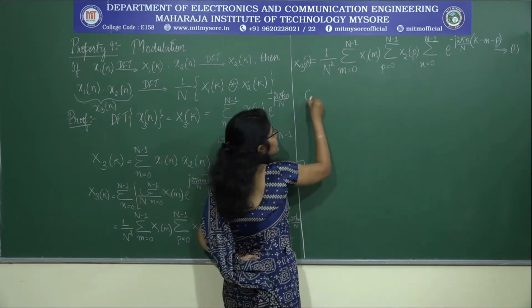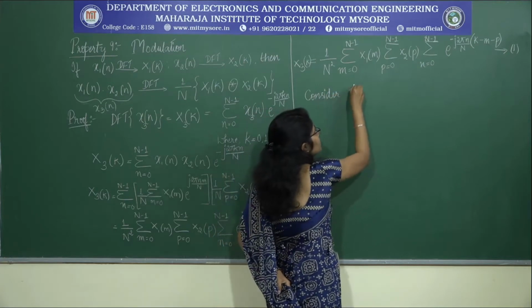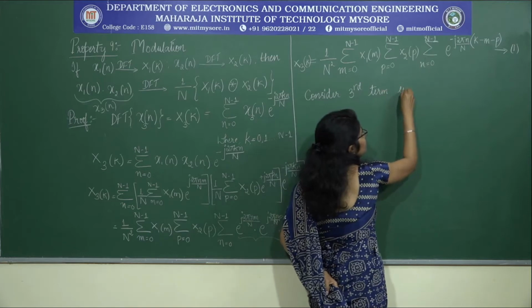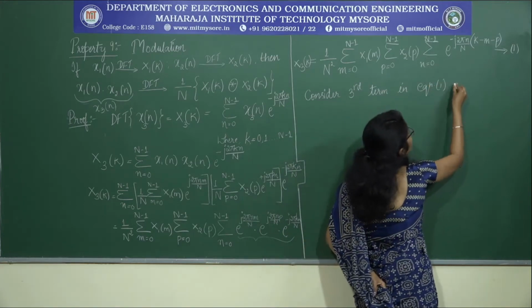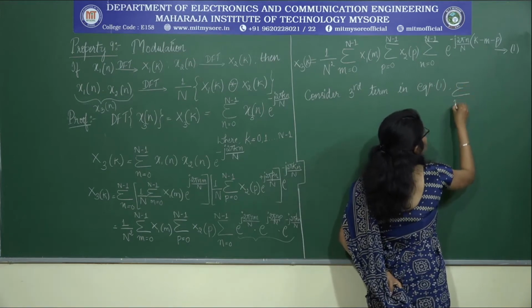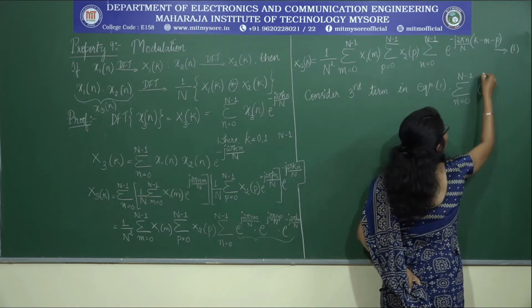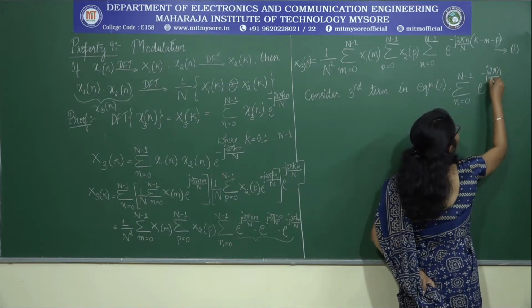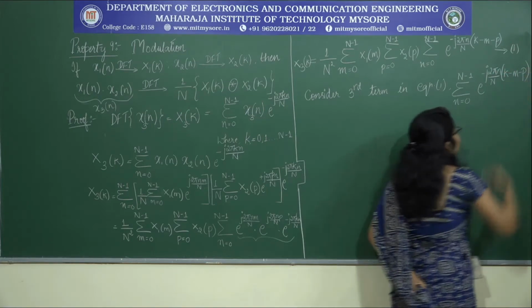So consider the third term in equation number 1, that is summation n ranges from 0 to N minus 1 e power minus j 2 pi n by N into k minus m minus p.